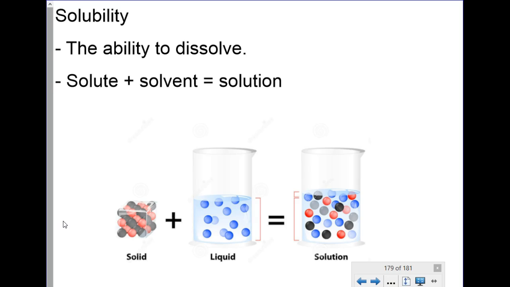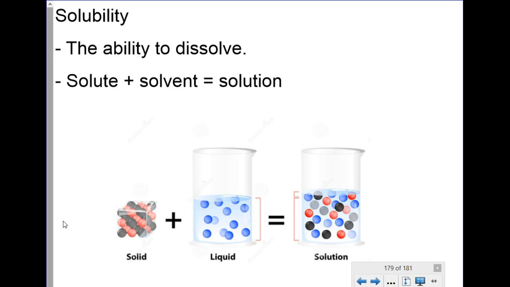Solubility is the ability to dissolve. What does it mean to dissolve? Mix into the liquid. Okay, so a solution is actually a mixture. When you have a mixture that is a solution, can you see the bits and pieces that went into that?